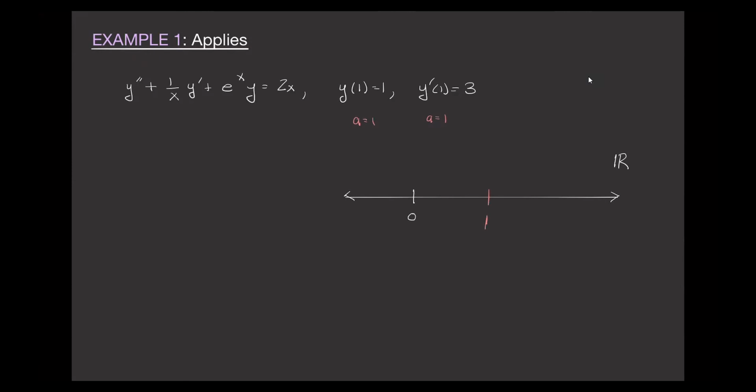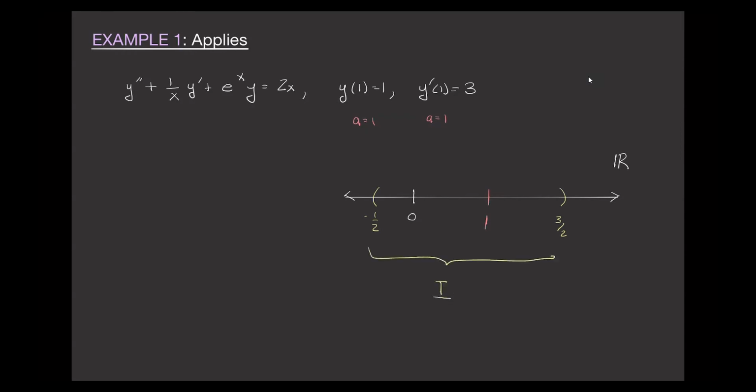We can pick any interval we want. Now, let's say, for instance, I pick the following interval, and then I'm going to ask you a question. Say I pick the interval going from -1/2 up to 3/2.